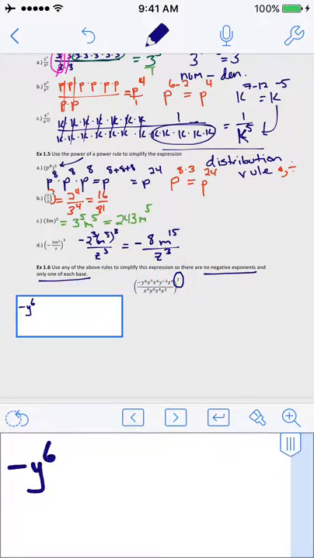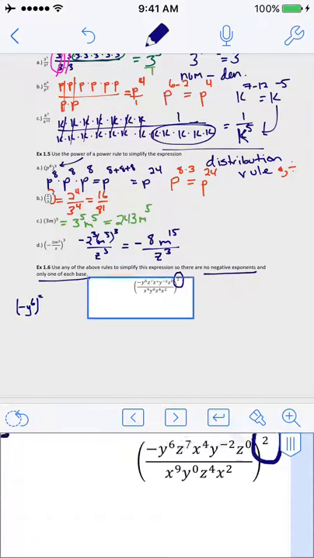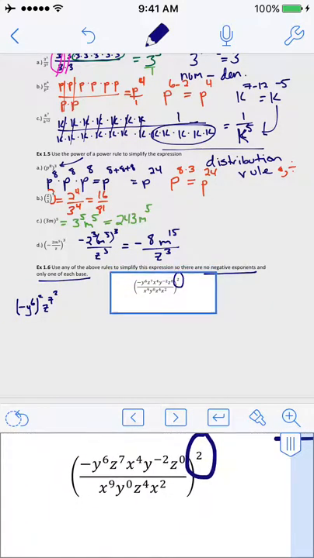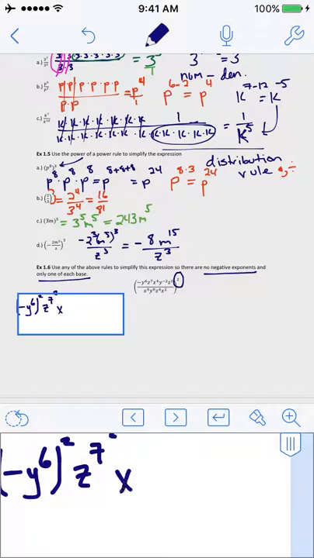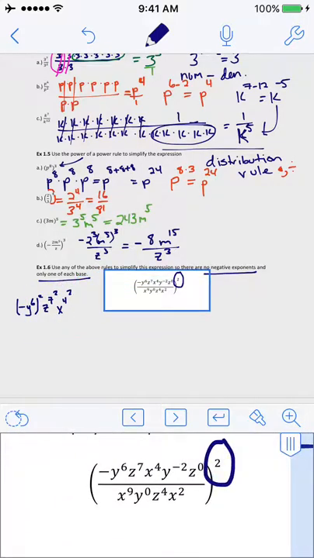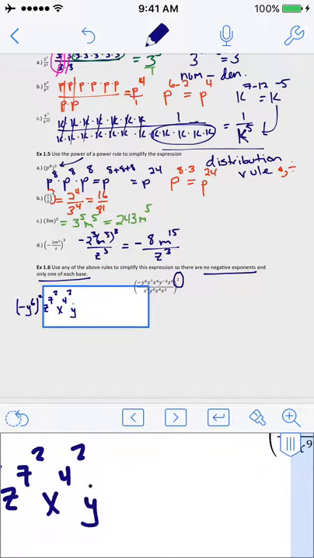Negative y to the 6 to the 2. Z to the 7 to the 2. X to the 4th to the 2. Y to the negative 2 to the 2. Notice I'm not actually computing anything.